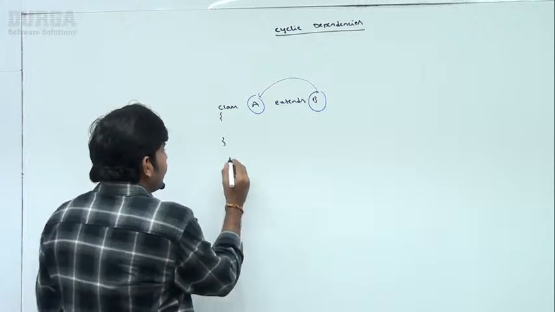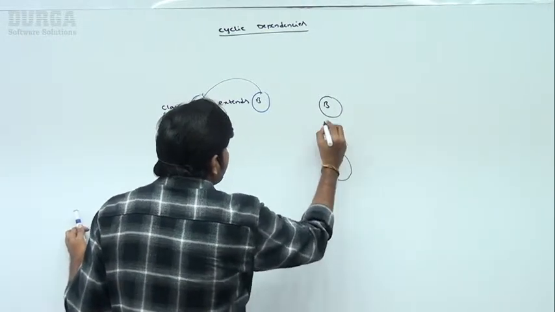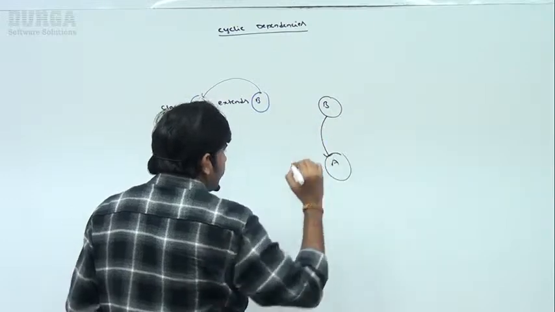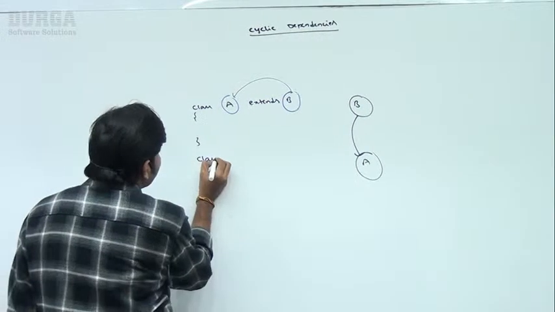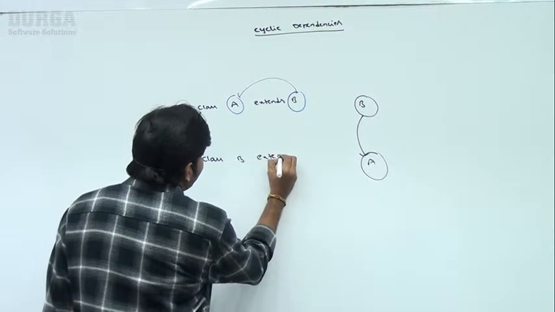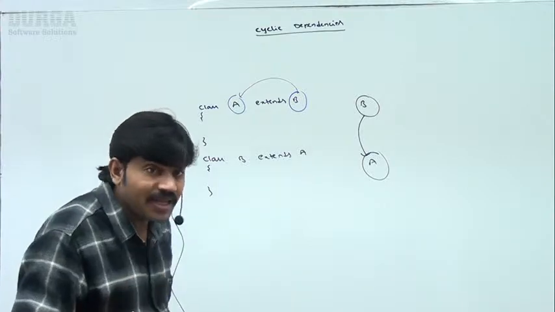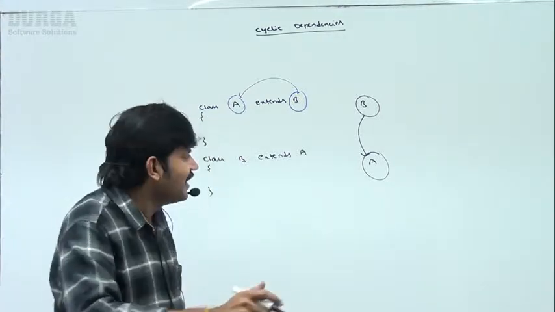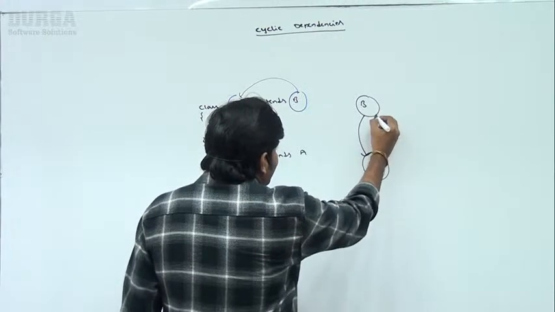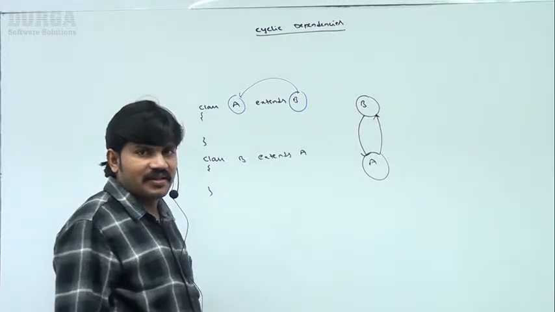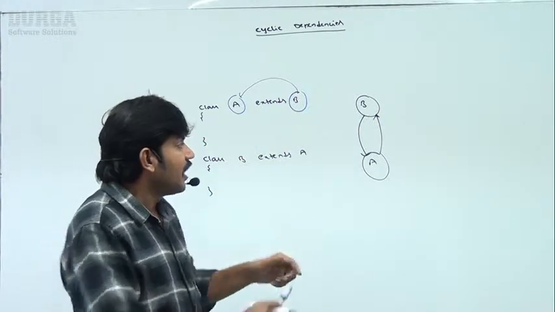Now observe that B is the parent and A is the child. Remember. Similarly, if I take class B extends A. Listen very carefully: class A extends B, class B extends A. Now B is the child class of A, and A extends B, B extends A. Have you observed, right?